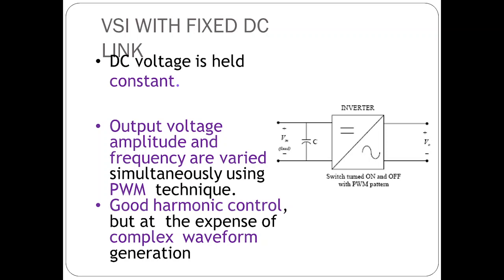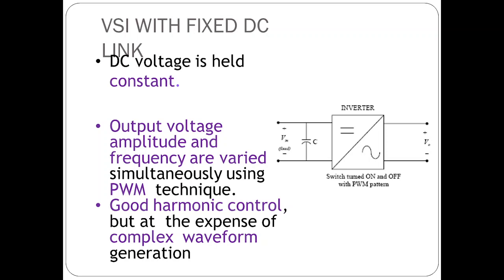Now the output voltage amplitude and frequency are varied simultaneously using the PWM technique. What does the PWM technique mean? Here, by modulating the pulse width, that is the switching technique, where the switches are turned on and off, that switching pattern develops a voltage waveform that is very convenient for the output and can be utilized for the equipment.